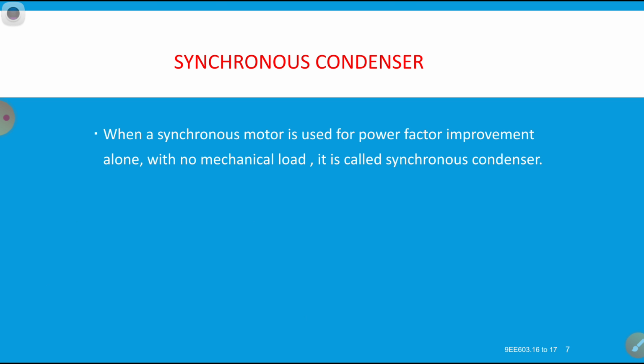When a synchronous motor is used for power factor improvement alone with no mechanical load, it is called a synchronous condenser. It meets only small constant losses: friction and windage losses, some iron losses, and some part of the copper losses.